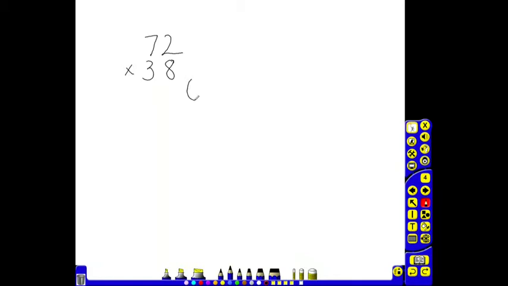So 8 multiplied by 2 is 16, and then I need to do 8 multiplied by 70, 7 tens, is 560.